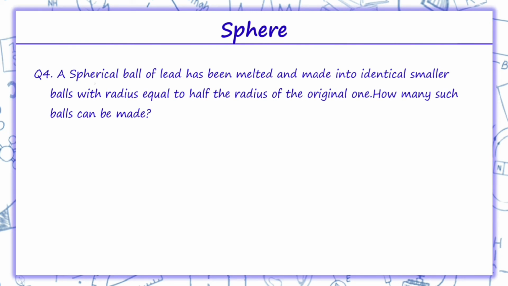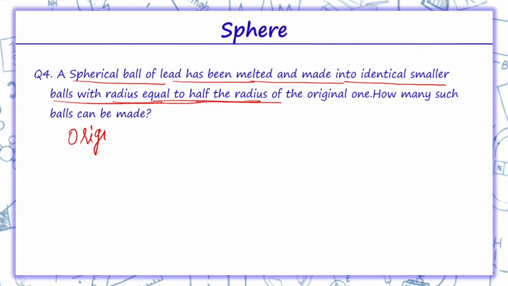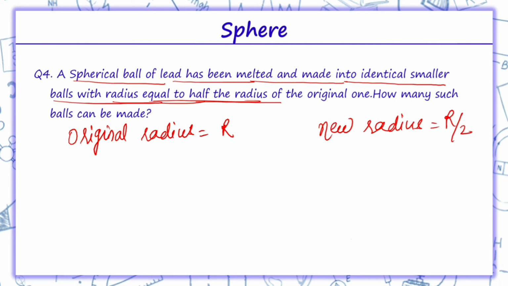Next question, a spherical ball of lead has been melted and made into identical smaller balls with radius equal to half the original one. Let's suppose the original radius is capital R. So, the new radius is half, so it will be R by 2.